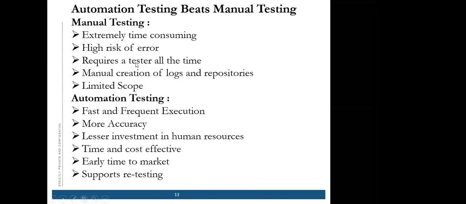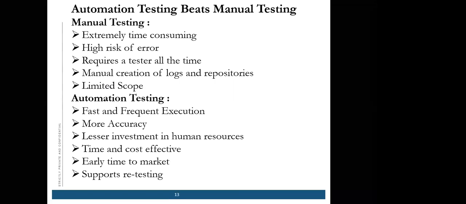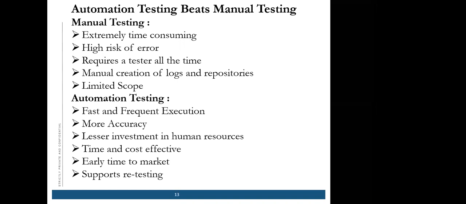You have to do it all manually, and it is a limited scope. Why? Because every time you get your build, you don't have the luxury to execute all your test cases.